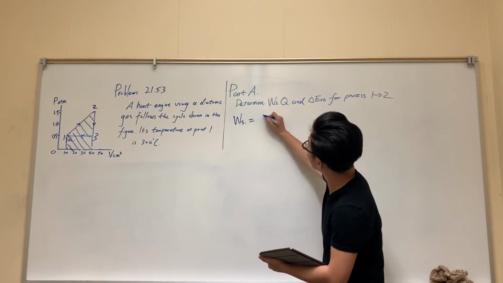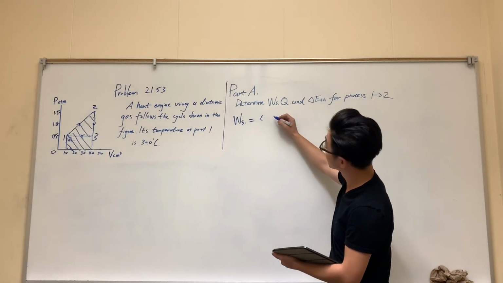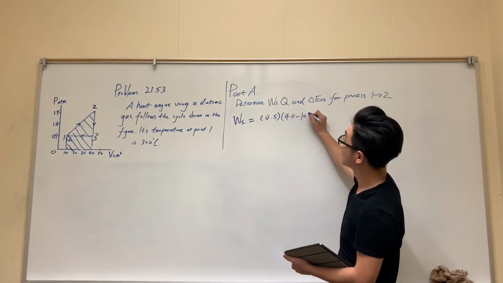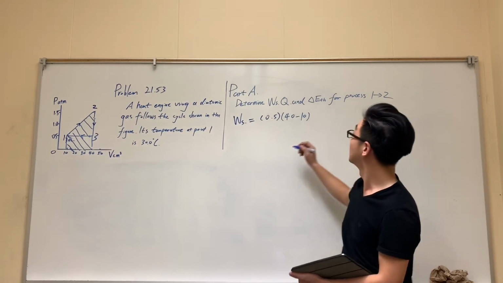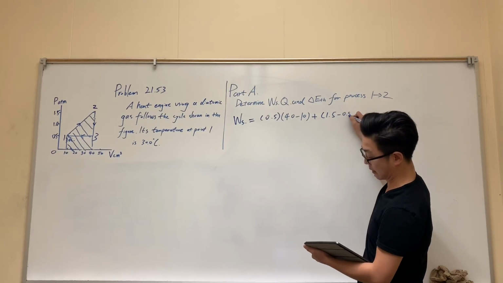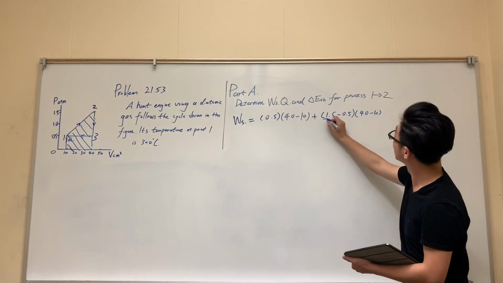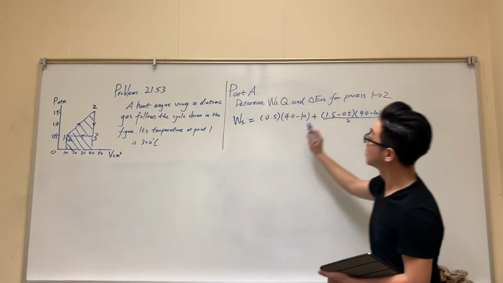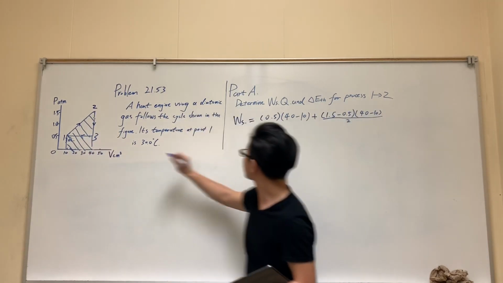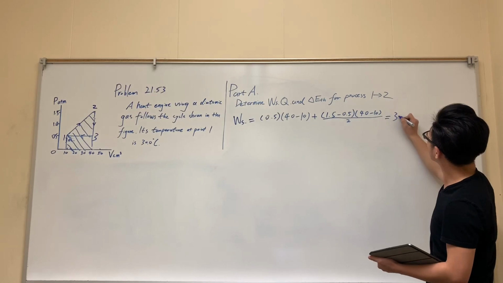Then, because this is 0.5 and 0.1 to 1.5, it will be 0.5 times (40 minus 10), plus (1.5 minus 0.5) times (40 minus 10) divided by 2. This is the area of this triangle, and this is the area of this. And here we can get 30.